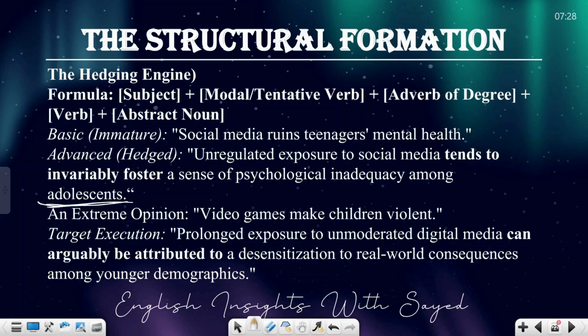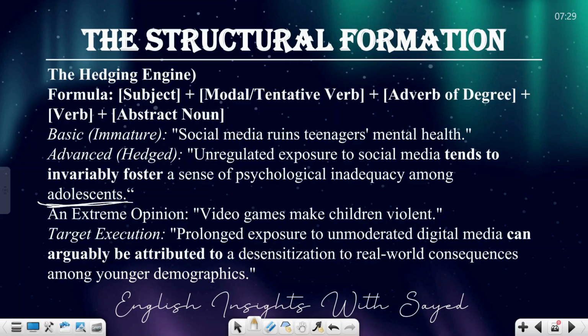So you see, it's not that social media always ruins teenagers' mental health. It depends on the condition: unregulated exposure to social media tends to invariably foster a sense of psychological inadequacy among adolescents.